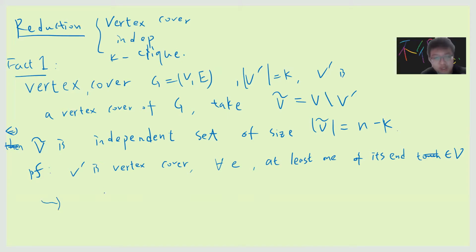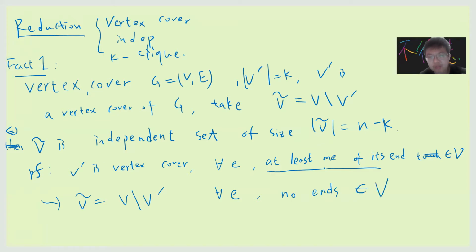If I take V tilde, which is V minus V prime, then we do the negation: for every edge, at least one end is in V prime. When you negate it, you change 'at least one' to 'none'. So for every edge, no end belongs to V tilde is wrong; rather, the negation says it is not the case that both ends belong to V tilde.